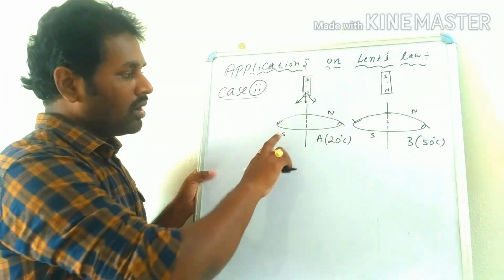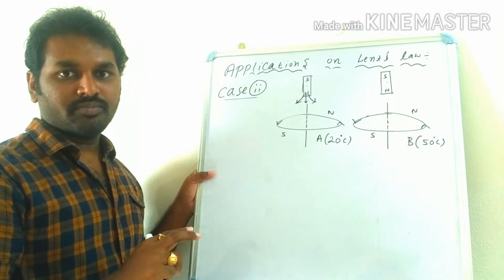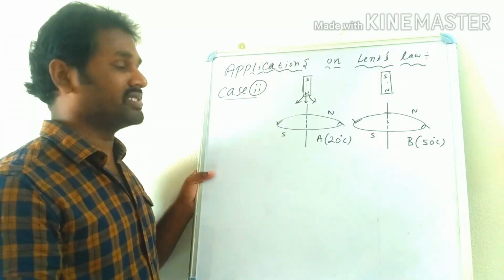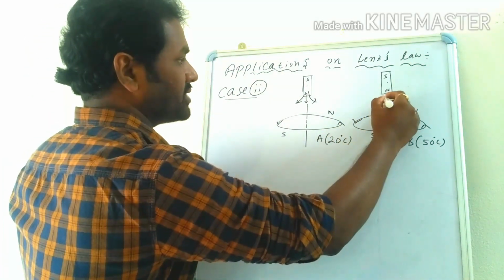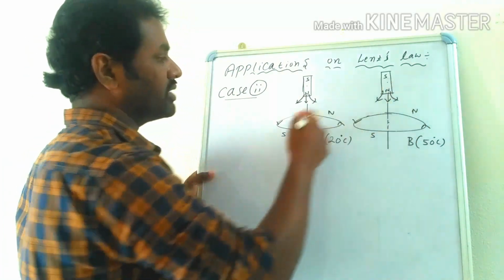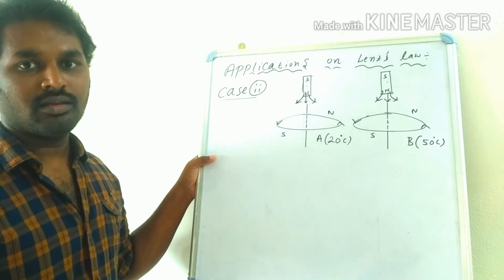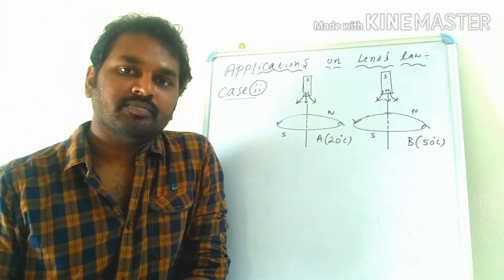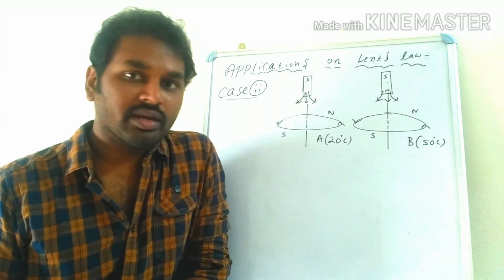Now, with respect to temperature, which magnet falls faster? Is it in the case of A or the case of B? What is the relation between the temperature and the induced current in the coil?